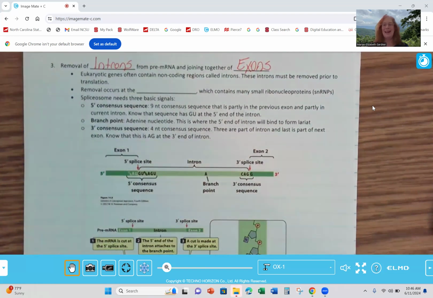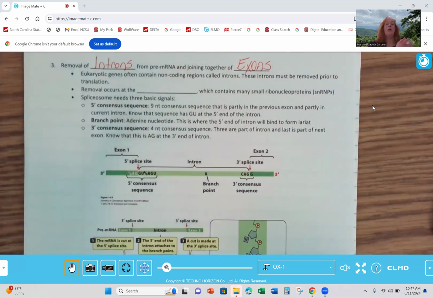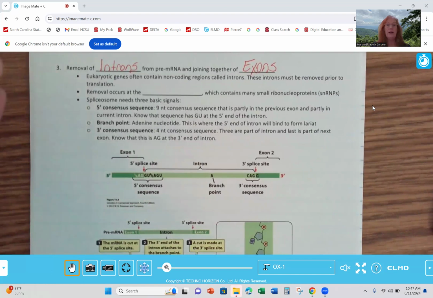And I realize that that is a bit confusing because you think of exon and exit, but try to remember intervening sequences, introns, are the parts that are going to be removed. These are non-coding regions, and they have to be removed prior to translation so that the proper messenger RNA sequence will be present for translation.